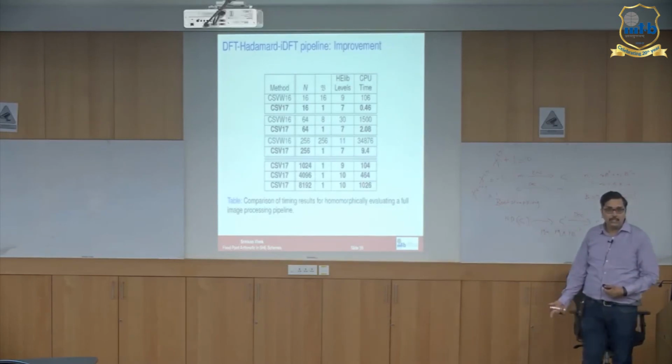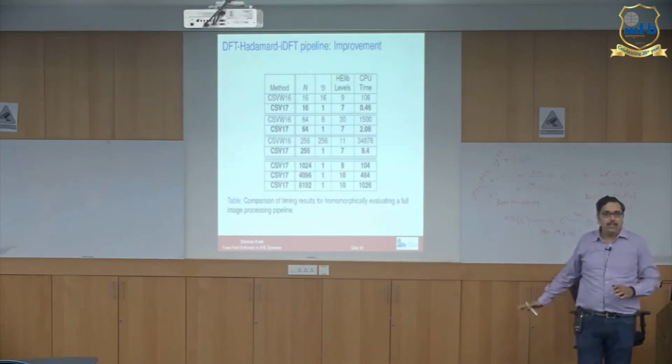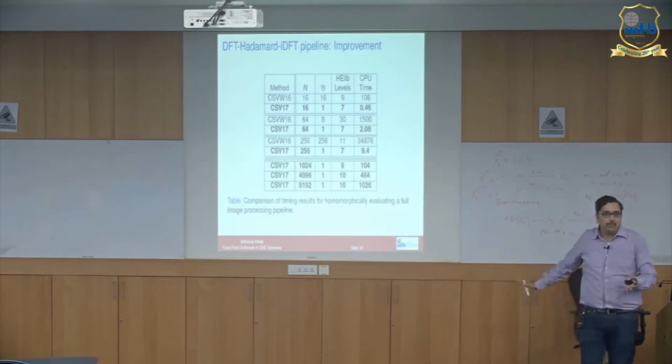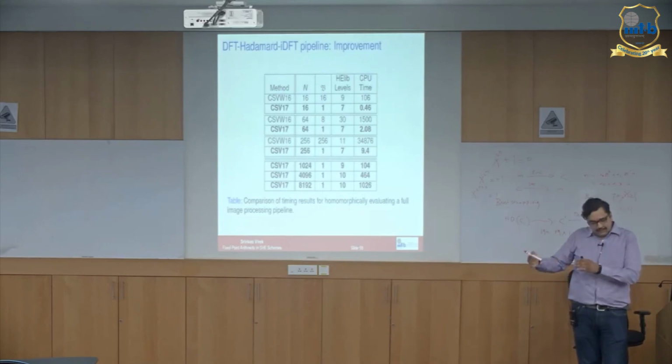So one can claim that these tricks you cannot apply for any computation. At least for this, one can do it if you want to evaluate DFT-like applications, and we also looked at some other applications.